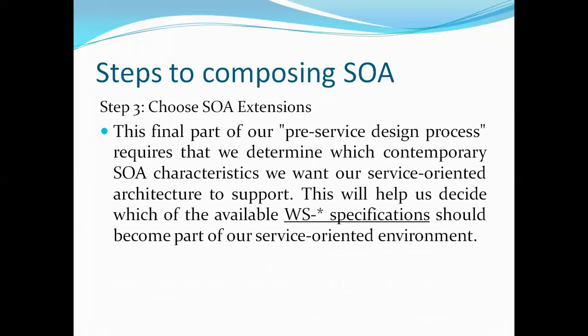In total we have identified 11 candidate services, and we apply different SOA extensions on these 11 services. This is a part of the pre-service design process, which involves identifying the web services, applying the web service extensions, and fulfilling the different service-oriented characteristics.